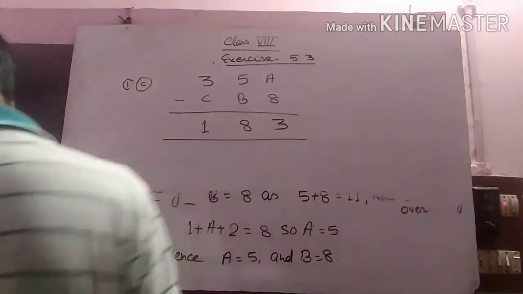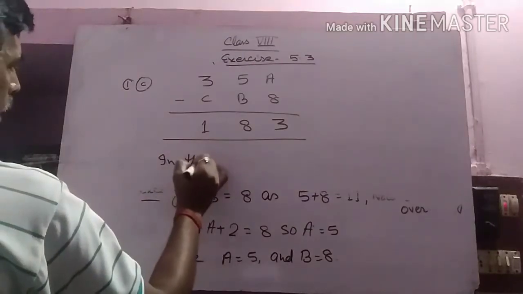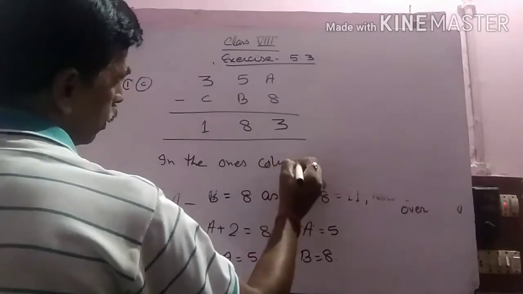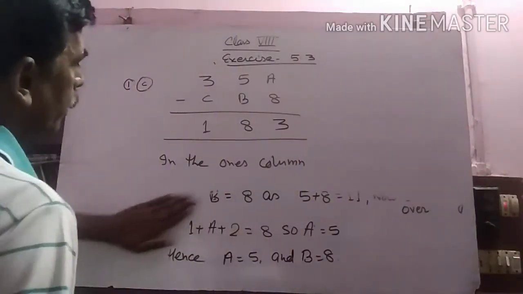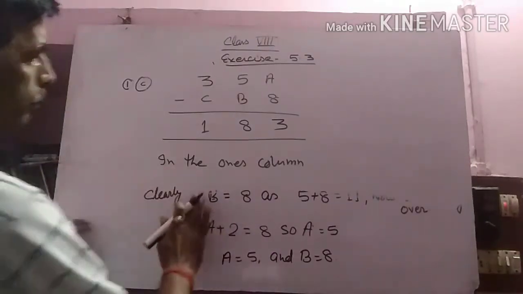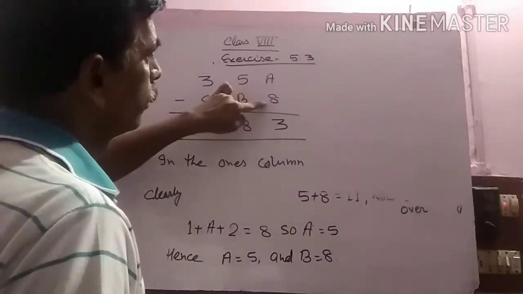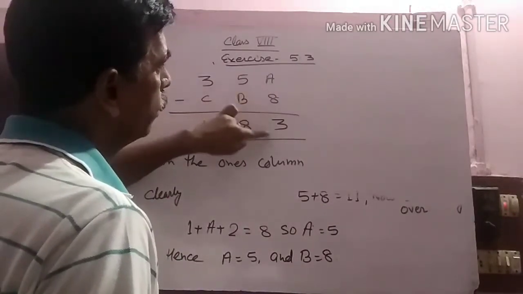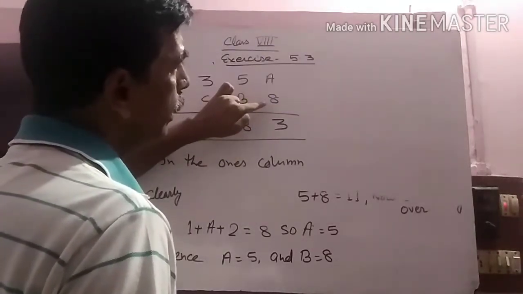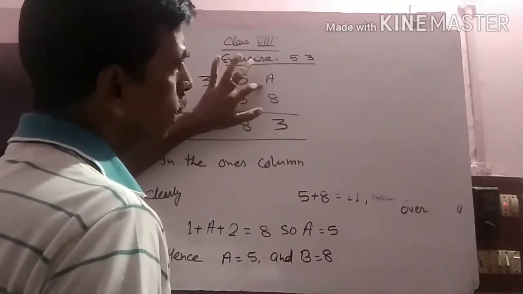From here you can also write in the ones column. In the ones column, clearly, what we subtract from A, the result will be 3. So it means A is surely more than 8.